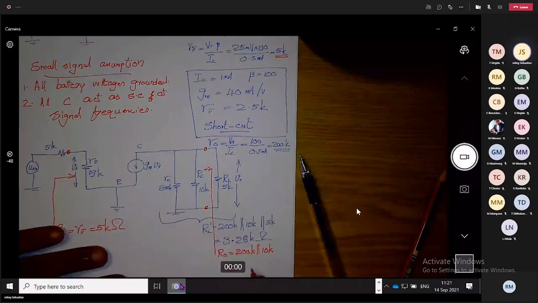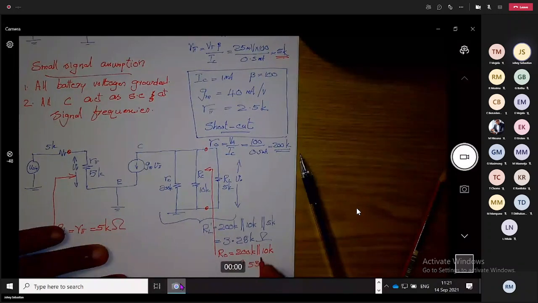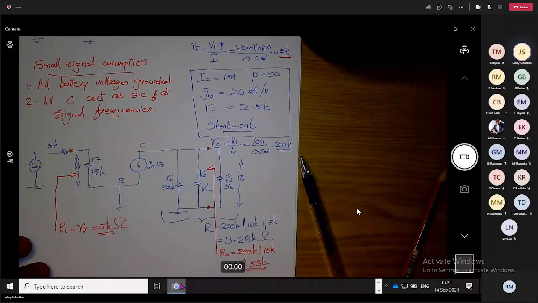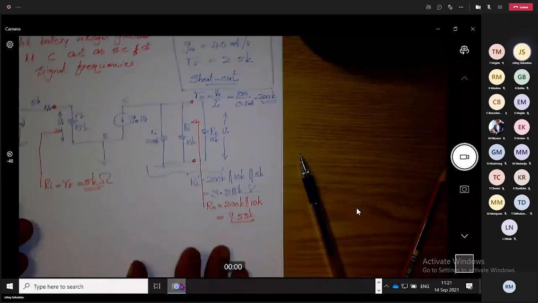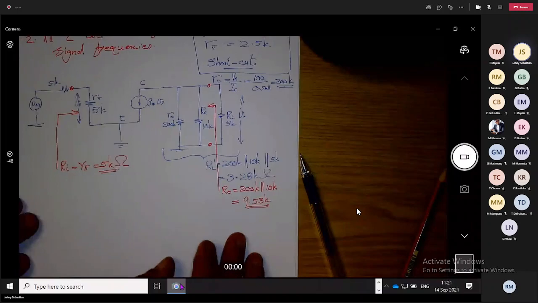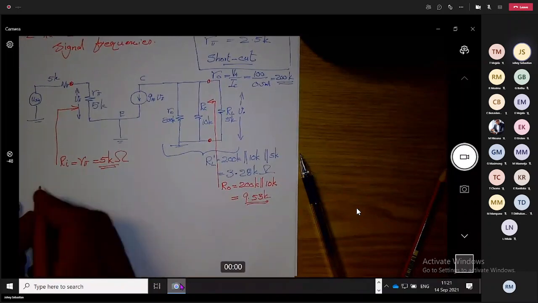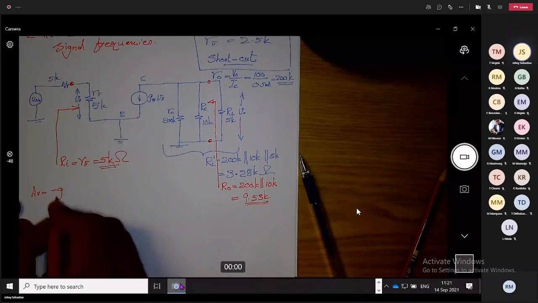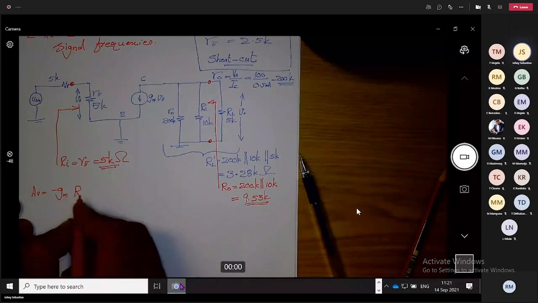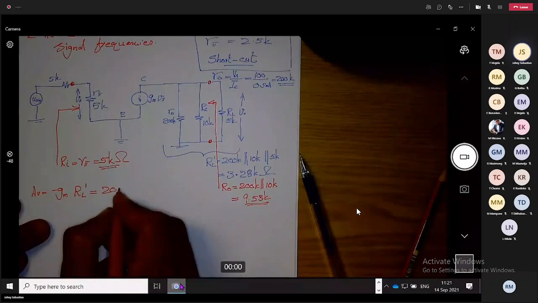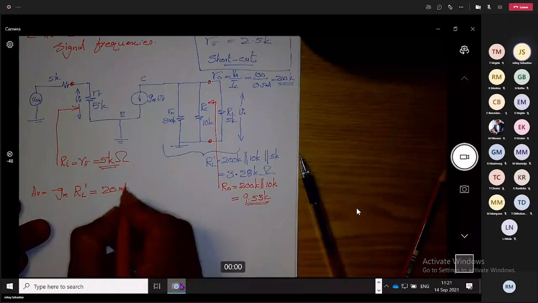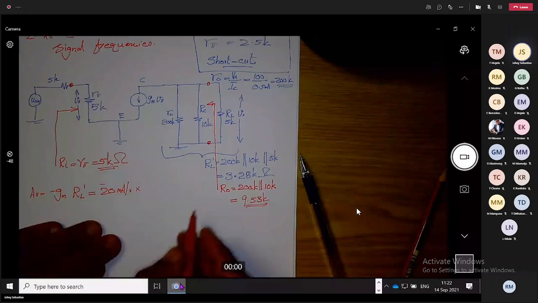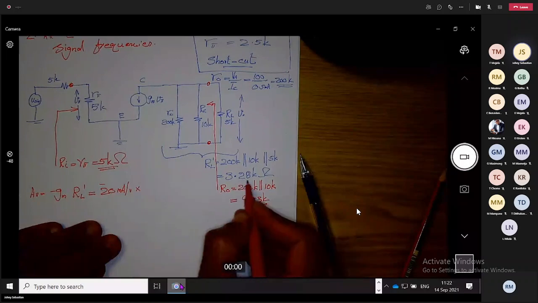So we have output impedance, we already have input impedance. What is next? We can work out the gain of this amplifier, that is AV. AV is minus GM RL prime. GM is 20 milliampere per volt with a negative sign times RL prime. We already have 3.28K.